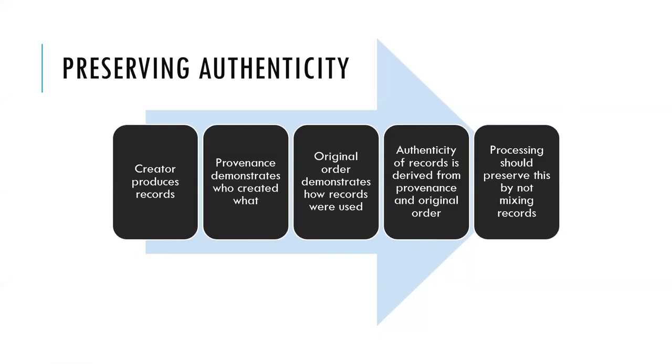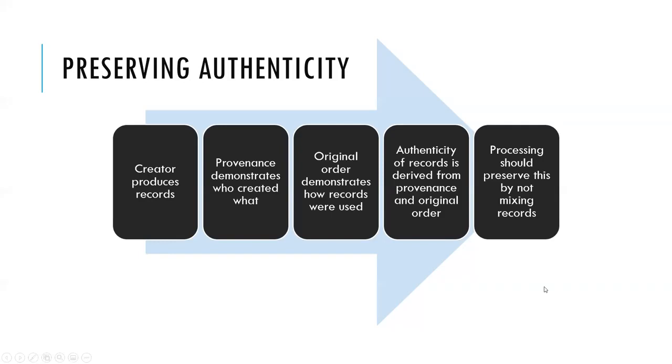So arrangement and description really should be careful to recognize these pretty traditional and ingrained archival concepts. Again, there are some challenges to both of them, but generally speaking, these are a couple of theories or standards that archives try to adhere to when arranging and describing records as much as possible.